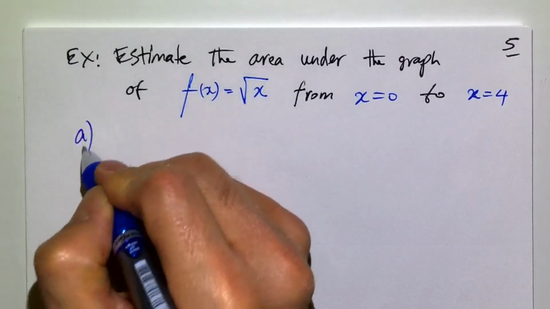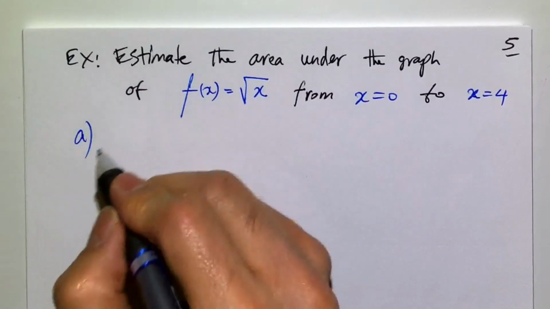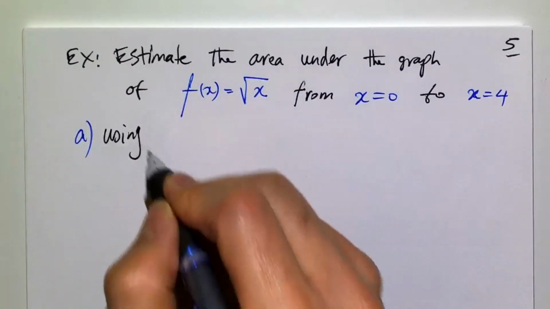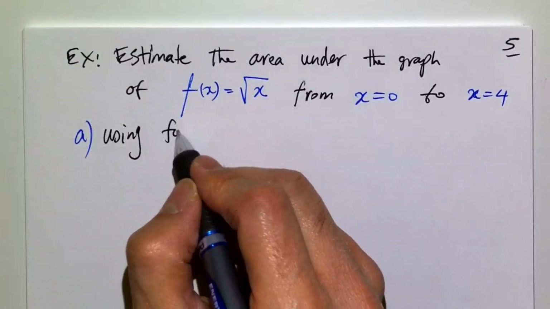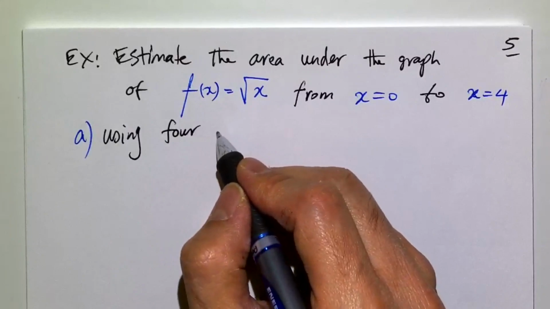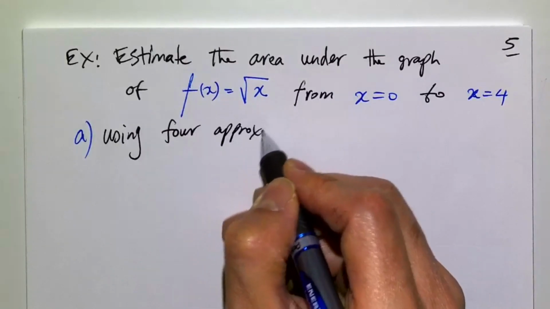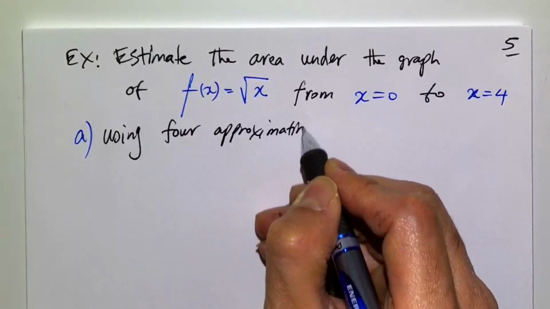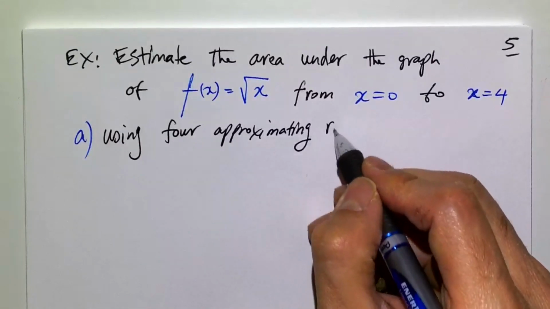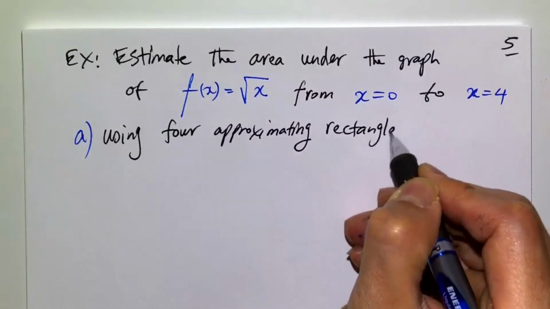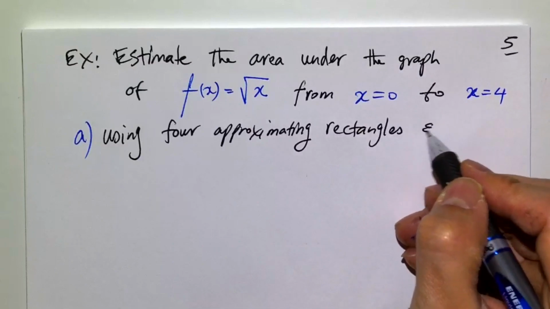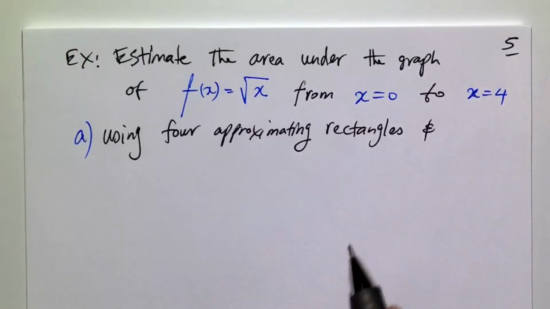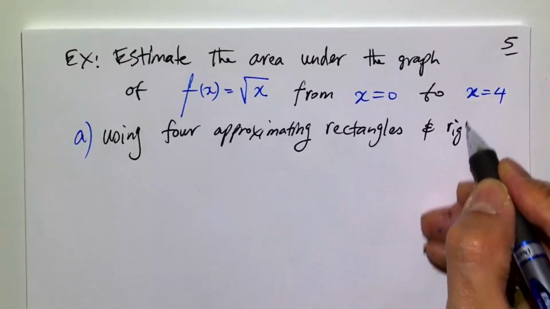Part A, of course, we want to do the same thing, using 4 rectangles and right endpoints.